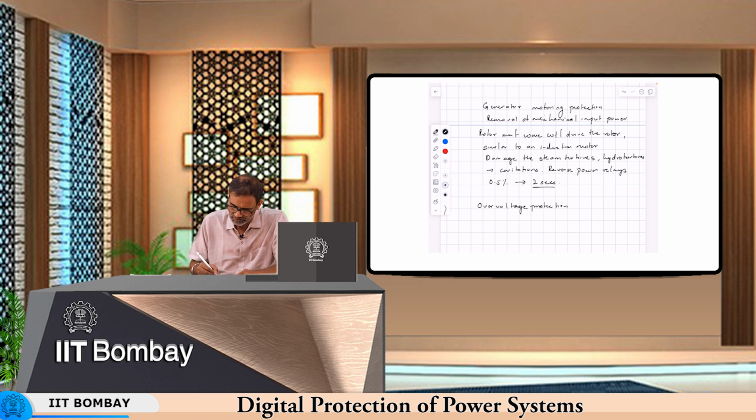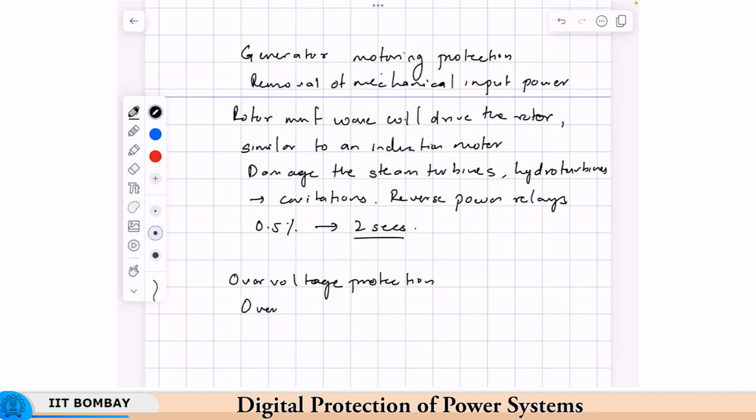again, it need not trip the generator immediately. If there is an over voltage of the order of say 110% or 1.1 pu, then there is an alarm. You do not trip it immediately, and trip if it persists for about 1 minute.